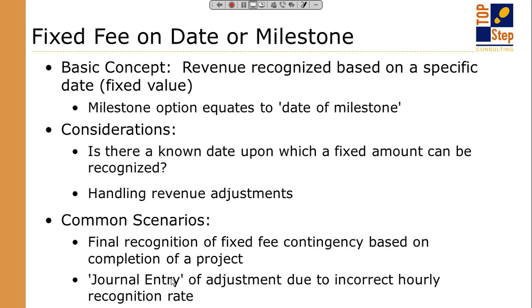I always like to suggest the creation of the recognition rule instead of a direct transaction creation, because if for some reason you had to delete and rerun revenue, any manual transactions you created would also just be flat out deleted. You wouldn't be able to recreate them. So I always encourage people to create a rule so that you have something to fall back on in case you have to make some kind of adjustments.